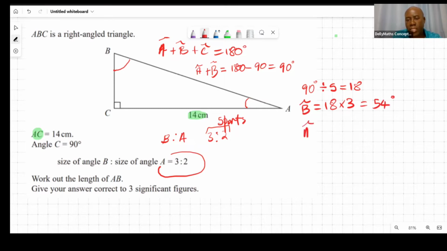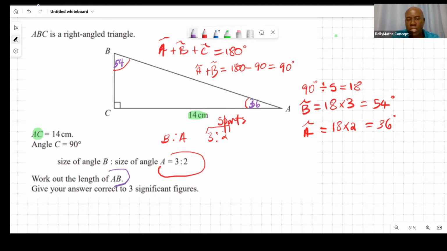And the angle at A will get 18 times 2, which is 36 degrees. So if we put on our labeling, angle B is 54 degrees and angle A is 36 degrees. With that, we are now able to work out the length of AB.